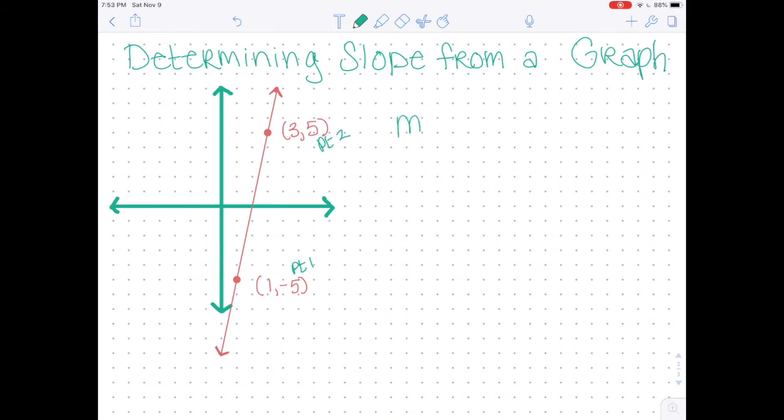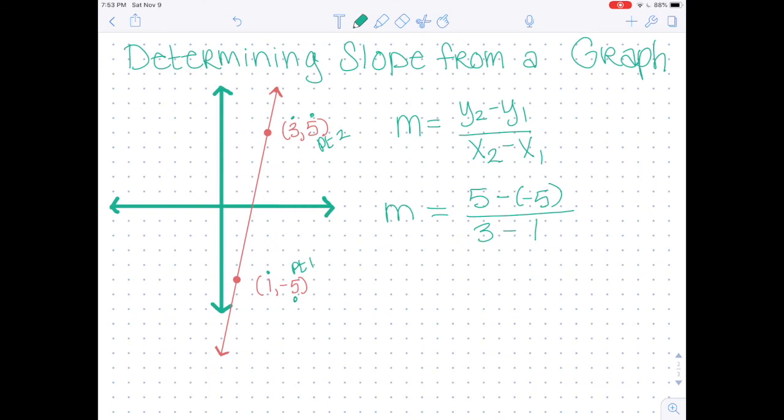So let's get our slope formula down. y2 minus y1 over x2 minus x1. So in this case, y2 would be 5. M equals 5 minus y1, which would be negative 5, all over x2 would be 3 minus x1 would be 1.